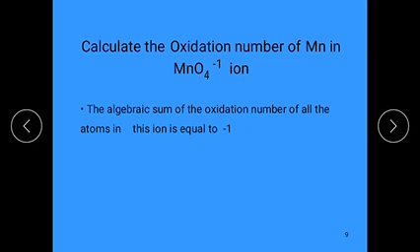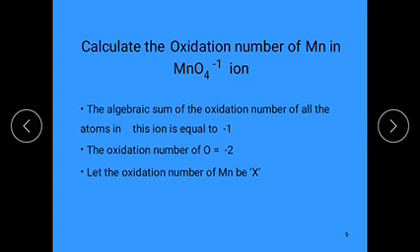Let us assume the manganese oxidation number is x, and the oxidation number of oxygen is -2.